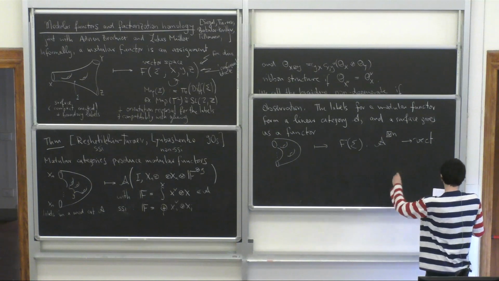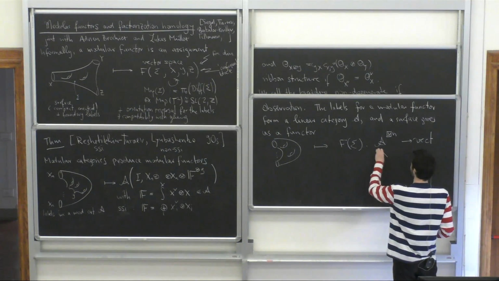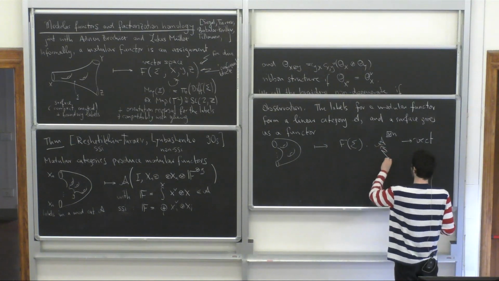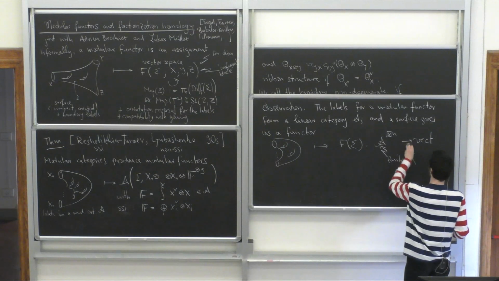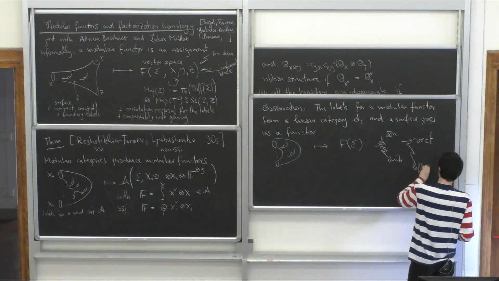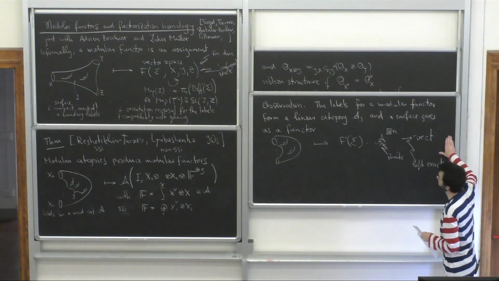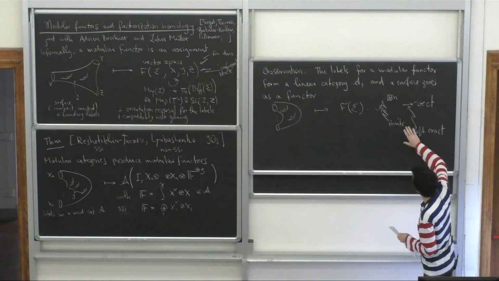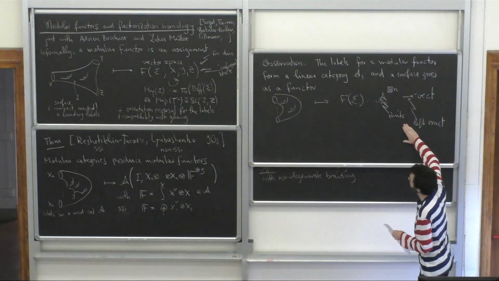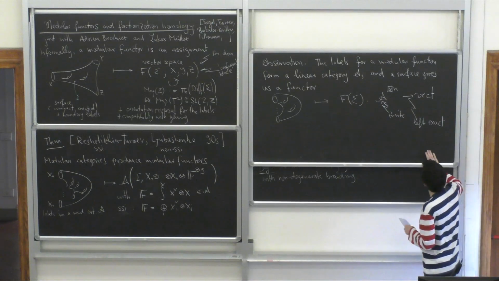For this talk, I will say that this A is actually a finite linear category, and that this functor is left exact. Those conditions are not really relevant, but they will allow me later to link this better to other known constructions.